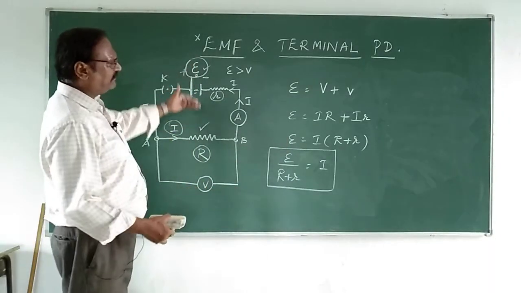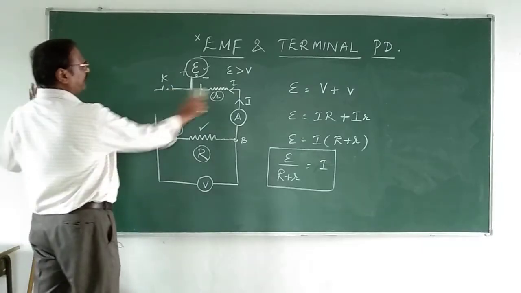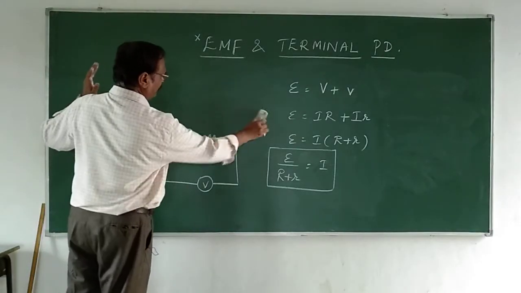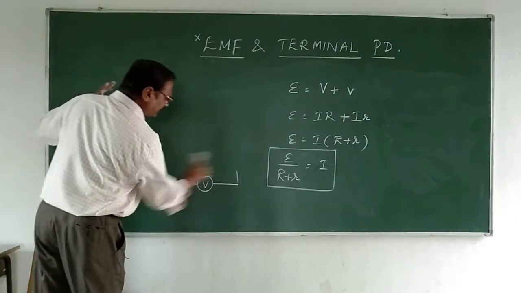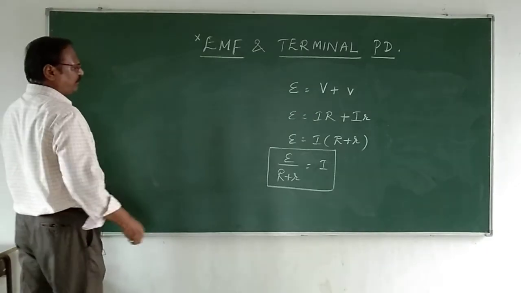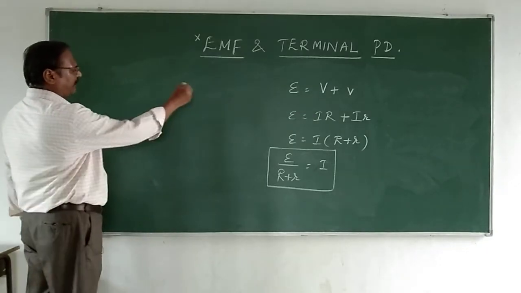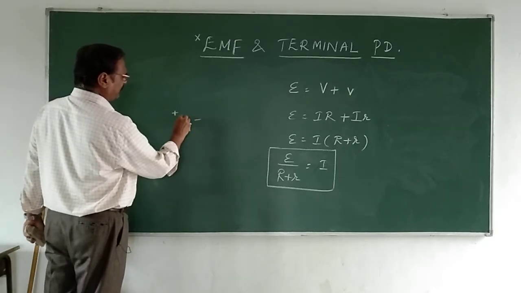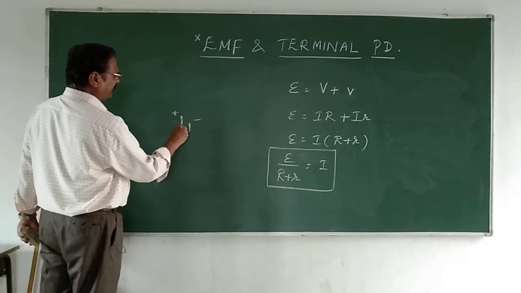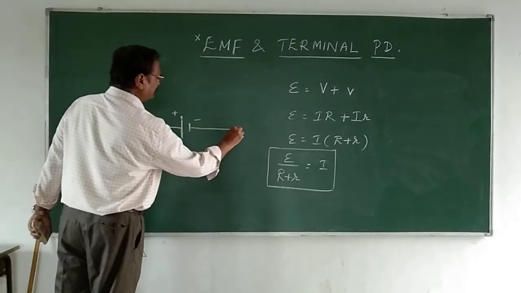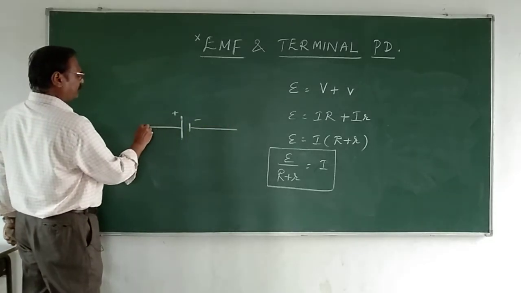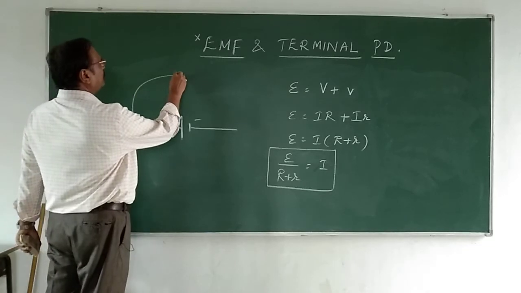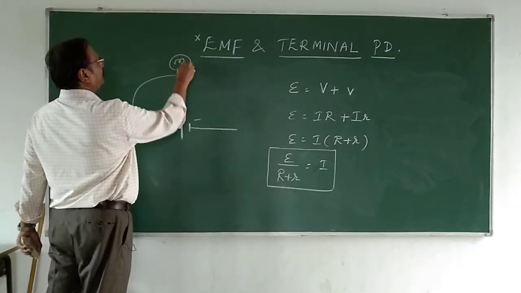I am going to draw a simpler diagram. See, let me erase this whole diagram. For our understanding, I can draw it in a different way. You can see this, we do it in the experiment. Okay. And now I have a cell here. One is the positive terminal, the long one, and the short one is the negative terminal. Fine. And now let me connect from here to a bulb.